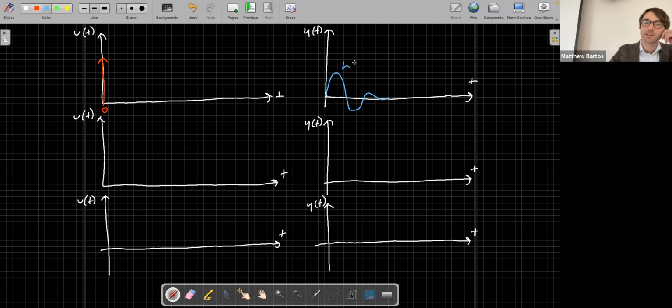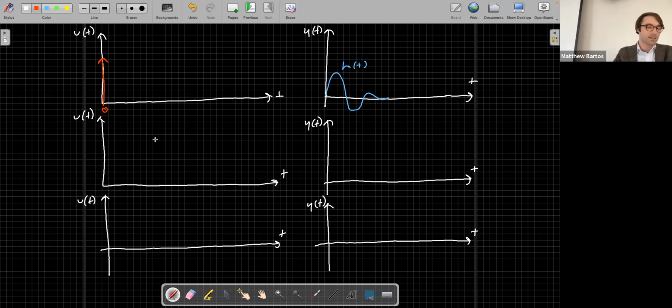This response of the system to some impulsive input we call h of t, the impulse response. You can think of this as a kind of kernel of the system, and it describes the system's output to an instantaneous load, an instantaneous input.